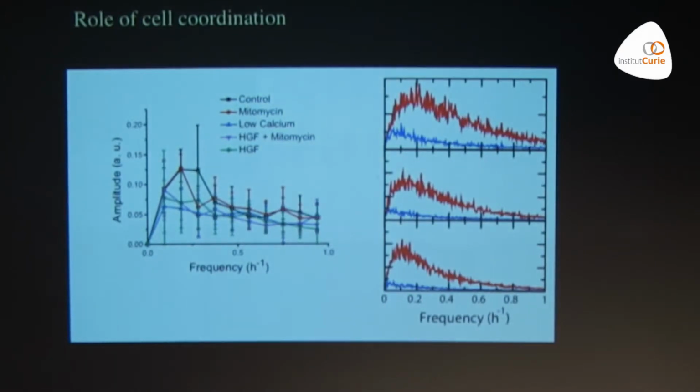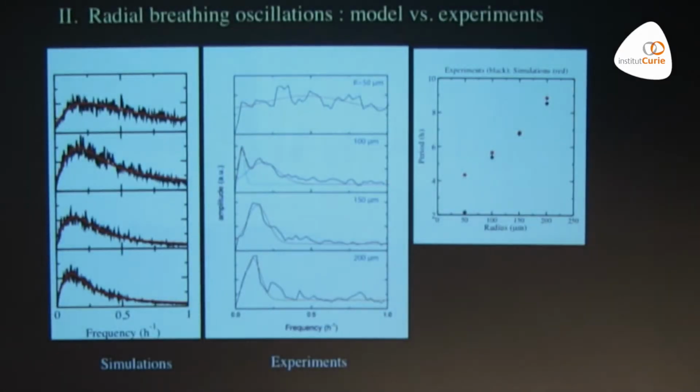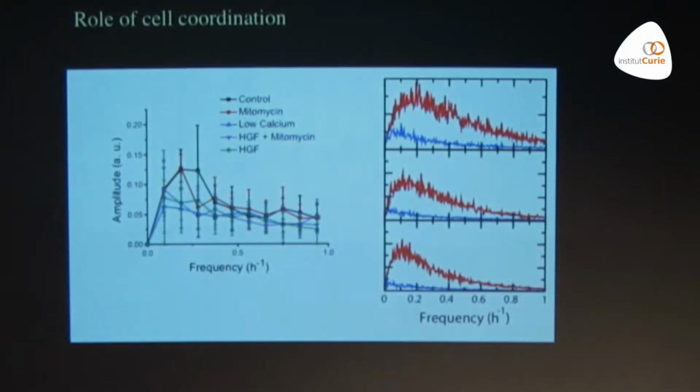So this tends to say that what you see in the experiment is actually just a product of the fact that these cells are persistent. They tend to have a correlation length that is the size of the disk, and that there is noise. And in fact, you can test the role of cell coordination, both in the experiment and in the model.